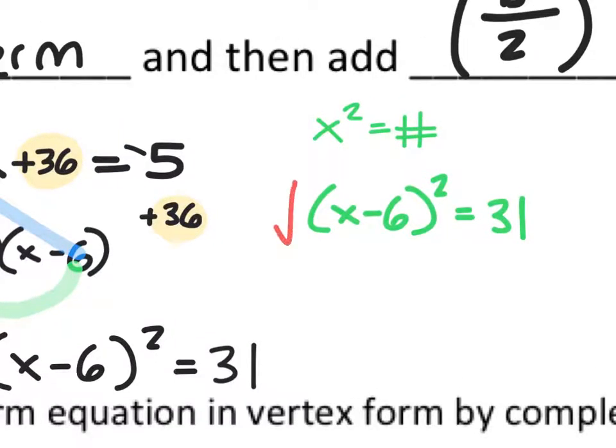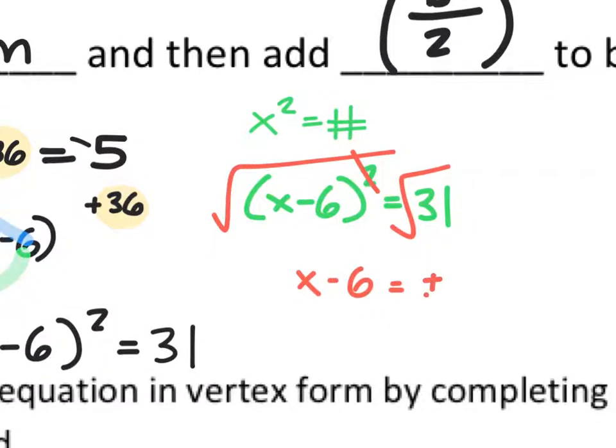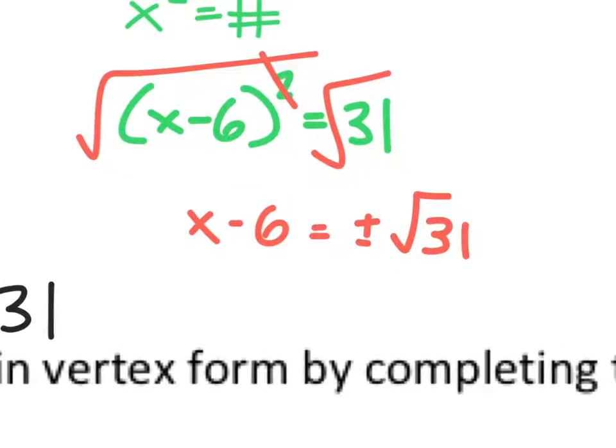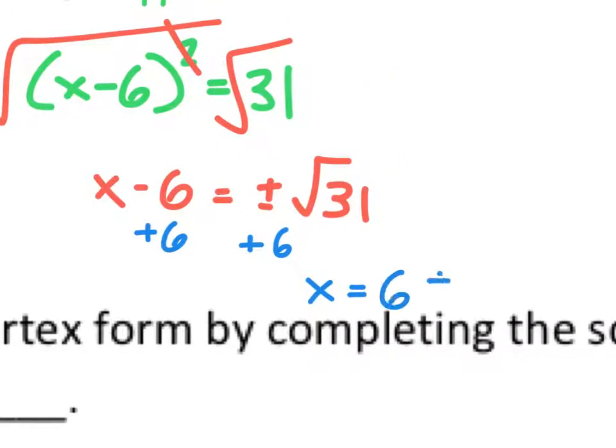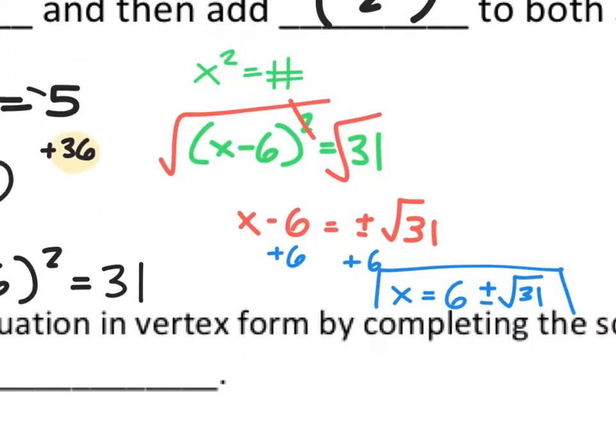Once we get it right here, the next step is to square root both sides, because that frees up my x. And it leaves us with a plus or minus square root of 31. And then the final step here would be to add 6 onto both sides. And we get our final answer of x is equal to 6 plus or minus the square root of 31.